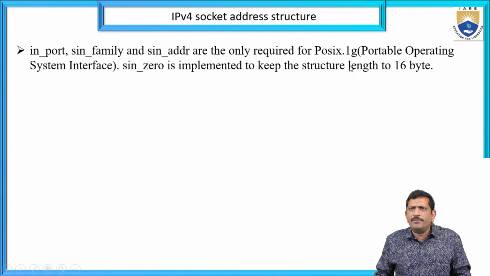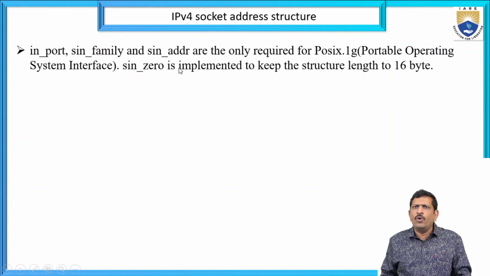So if you want to keep the address structure length to 16 bytes, we can utilize the sin_zero member.